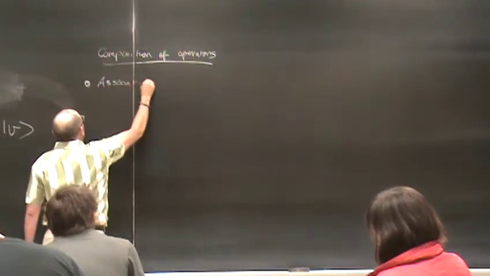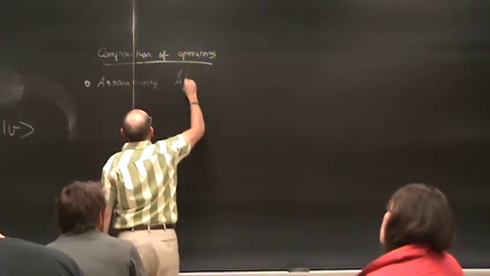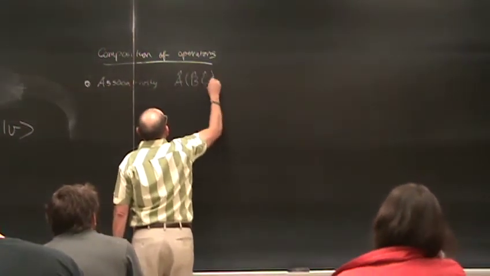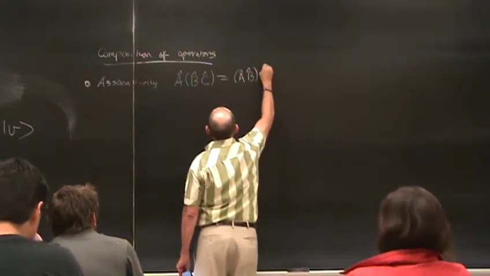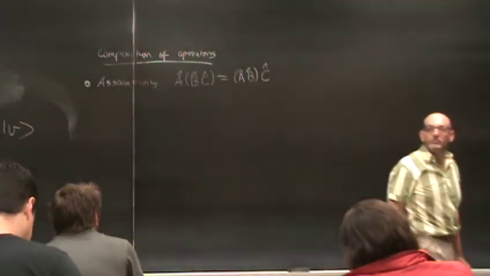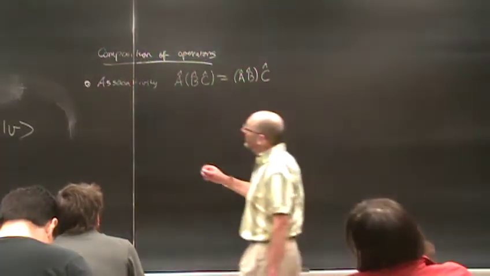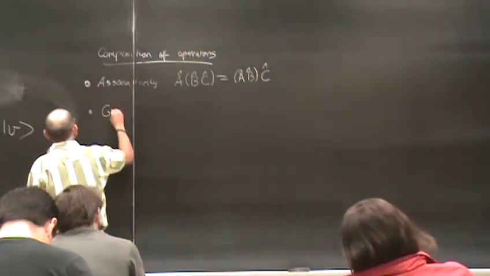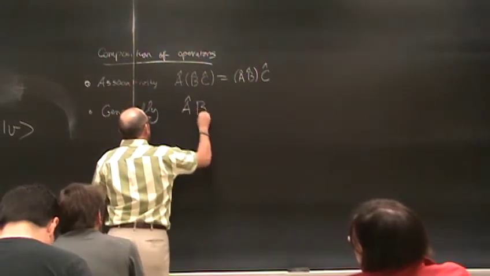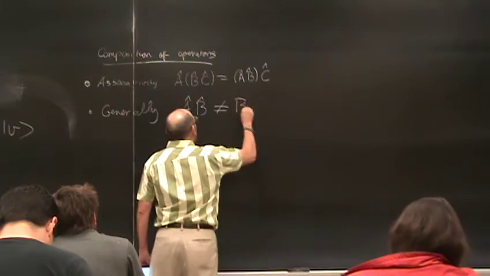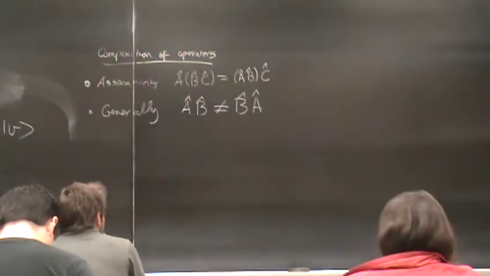It's easy to see by just sequential mapping that if we have a set of operators, it doesn't matter the order in which we multiply them, that's equal. However, commutativity is not necessarily the case. So generally, the composition of A times B does not equal the composition of B times A. They don't commute generally.